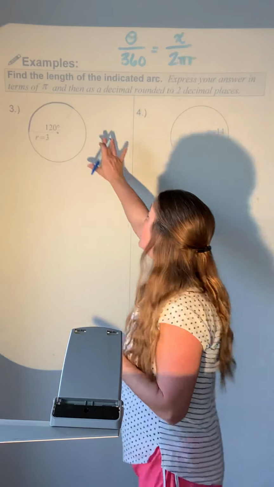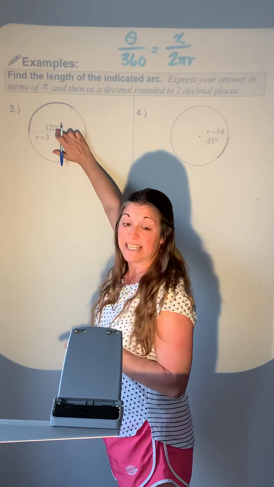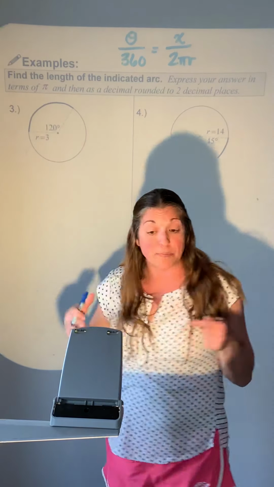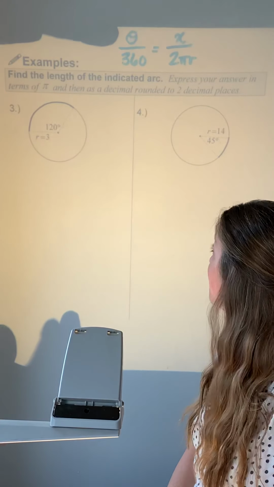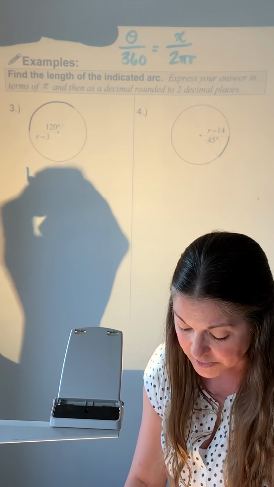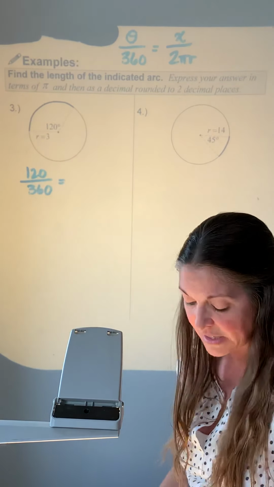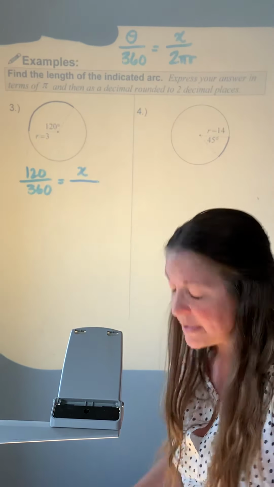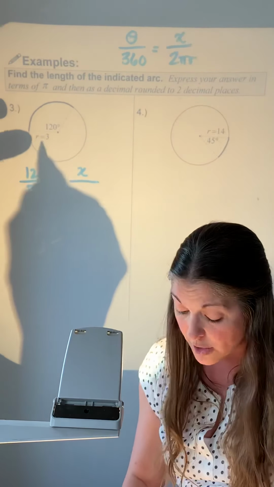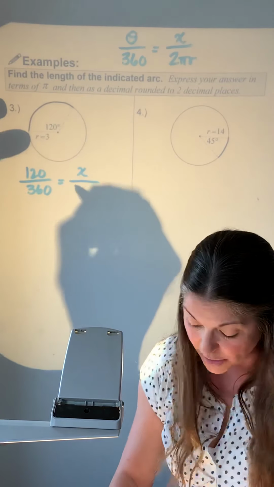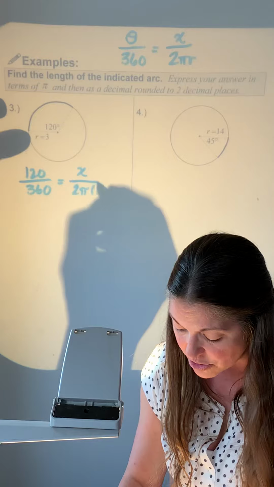So you'll notice that the arc will be highlighted, and you'll also have that central angle given right there by the center. So plugging into our formula, the theta is the angle in the problem, so that'll be 120 over 360. Our x goes on top, and then that bottom is just the circumference, which requires the R, which is given to us in the problem, which is 3. So 2 pi, and then in place of the R is the 3.